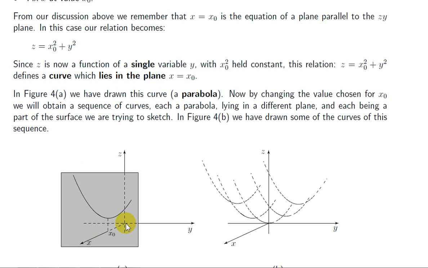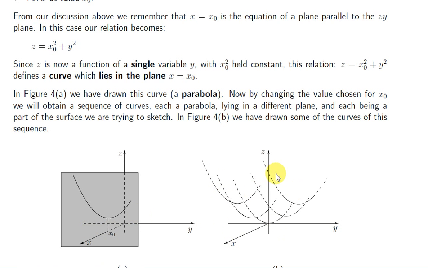If x0 is 0, for example, the cross section will be a parabola going through the origin. It's actually this one here. If x0 is negative, we will have parabolas that are behind the yz plane. You can see that as x0 increases in magnitude, the parabolas get higher and higher above the xy plane. So for large positive x0, we might have a parabola like this one here.